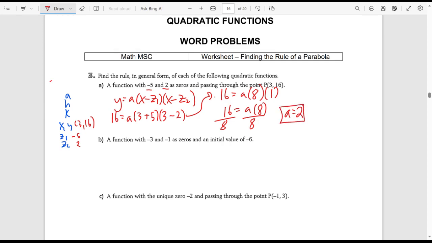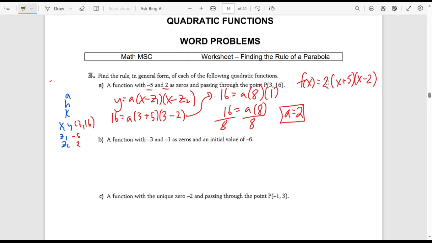So basically all we're doing is labeling what information we have, choosing a form to work with, plugging it in, and then doing algebra our way through to the answer. Now, I don't want you to just stop at a is equal to 2. I've had this confusion before, where in past years I've said we're finding the rule of these, and then we find a and just leave it at that. But the full rule now would be f of x is equal to 2 times x plus 5 times x minus 2.